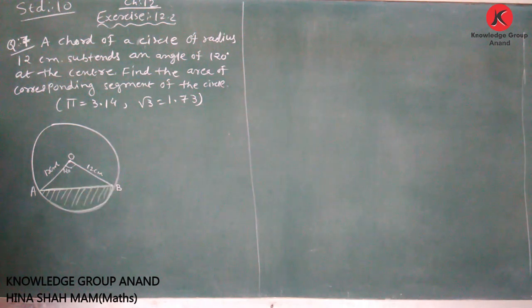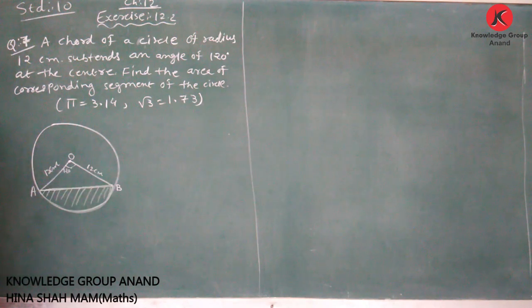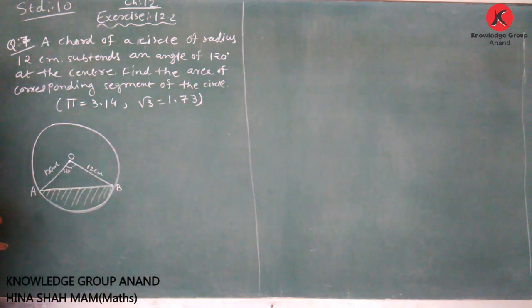Corresponding segment. How we find? We know area of segment is equal to area of sector minus area of triangle. First we find area of sector and area of triangle. Here angle is equal to 120 degree.